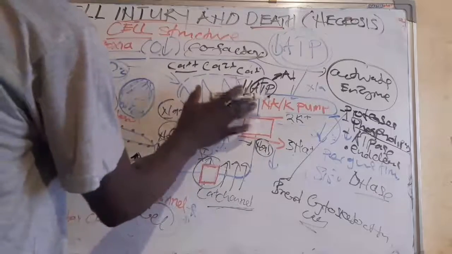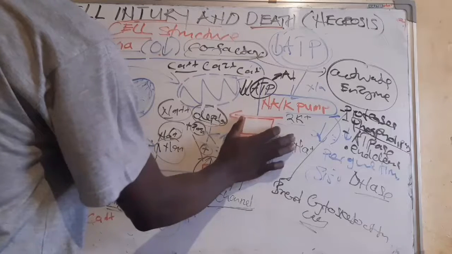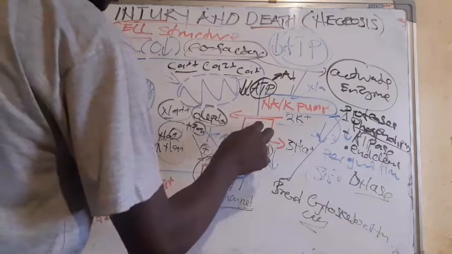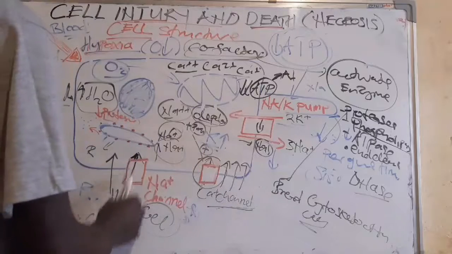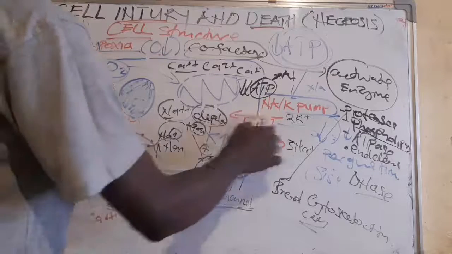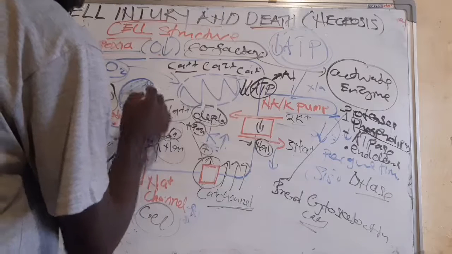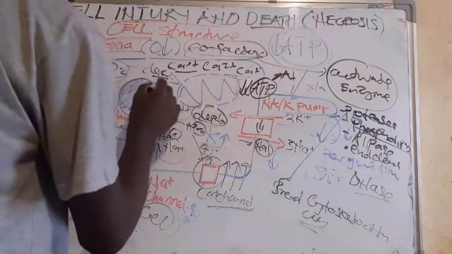So when there is a reduction in ATP production, the sodium pump can't function. When there is a reduction in the function of the sodium pump, sodium will continue entering the cell, but it won't be going out of the cell. As this sodium enters, the cell becomes depolarized, meaning more positive.